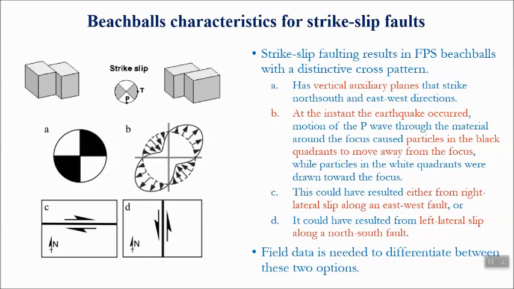Now the output of that FPS solution is represented in the form of a beach ball diagram. Looking at the beach ball diagram, what are the things that we can understand about the faults and their sense of movement? We will try to understand that in the coming slides.